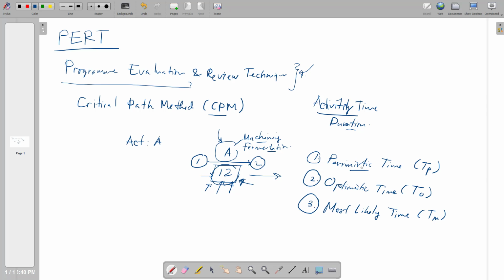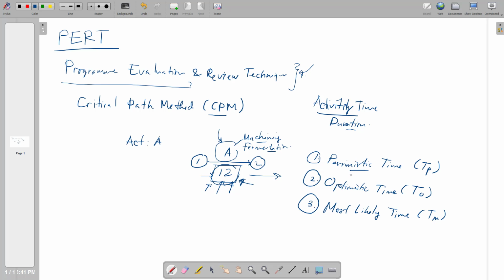So when we are talking about a task, an activity, the pessimistic time means the time we predict for the completion of the activity where probably the activity will face a problem. So it might be, for example, a little bit late from the usual time, from the common time of the completion of the project. So we call it the pessimistic time.